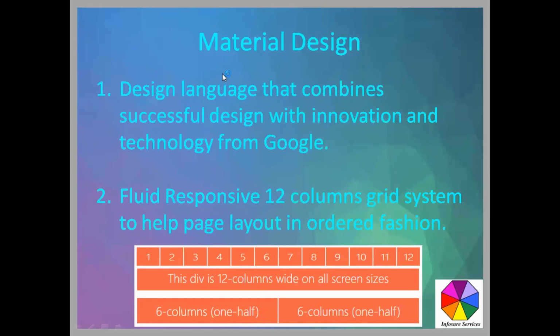Okay. So, material design is a design philosophy from Google. It is a design language that combines successful design with innovation and technology. Why is this important? You could start building the software without this design.